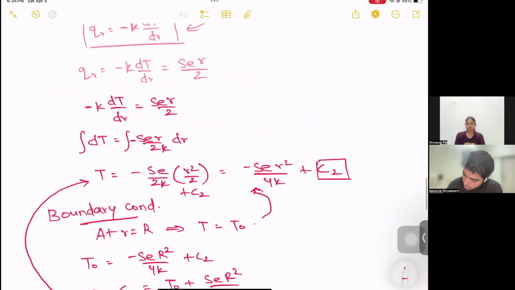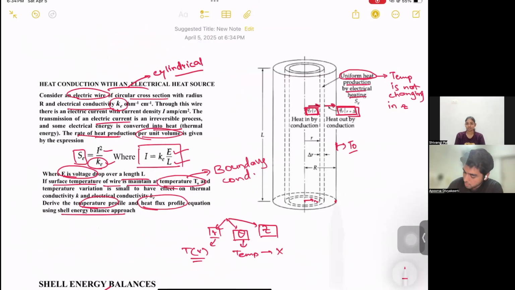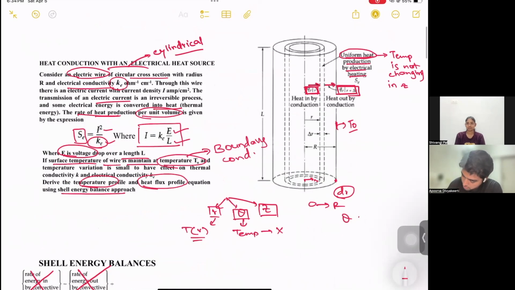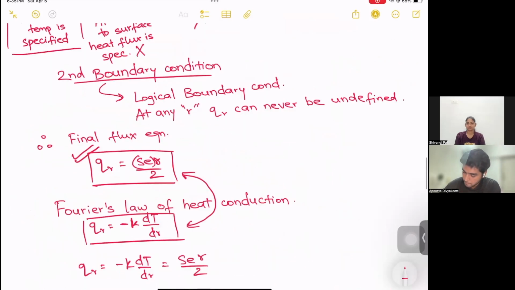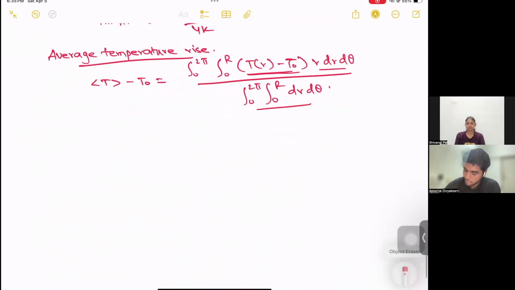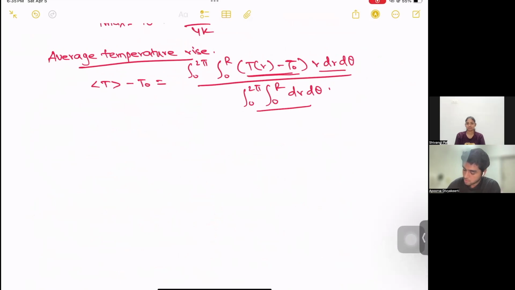We have to calculate from 0 to R, so the limits of dr will be 0 to R. And theta, which we have discussed earlier, we have to take the complete range, so 0 to 2 pi. By this we'll get the average temperature.